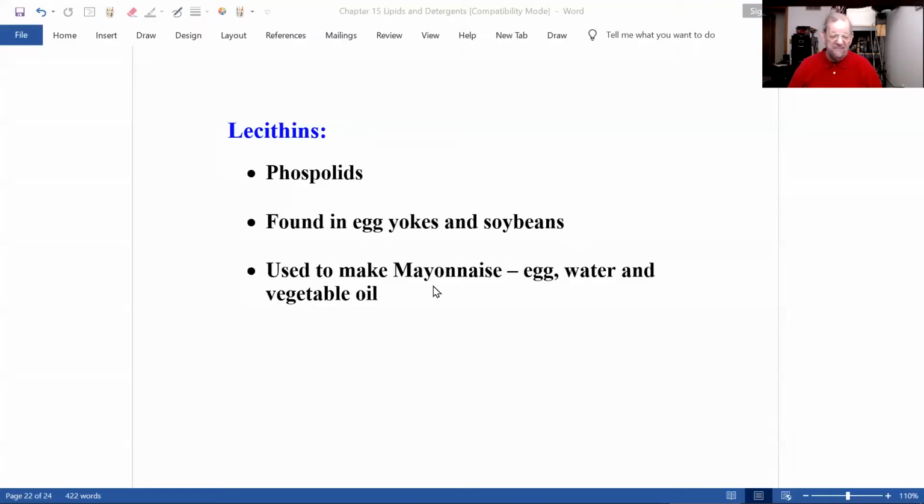Now, the other place you can find lecithin, otherwise known as phospholipid, is egg yolks. Now, they make lecithin industrially, and also for cooking, which is a phospholipid. I bet you don't know what color that is. Yellow. That's what gives the yellow to egg yolks. And if you're not familiar with it, how do you make mayonnaise?